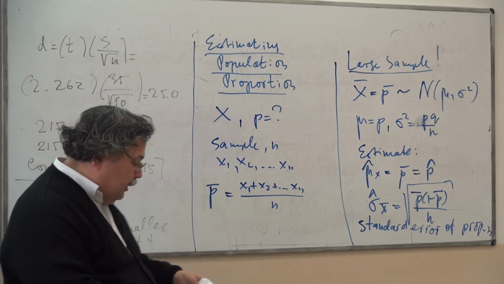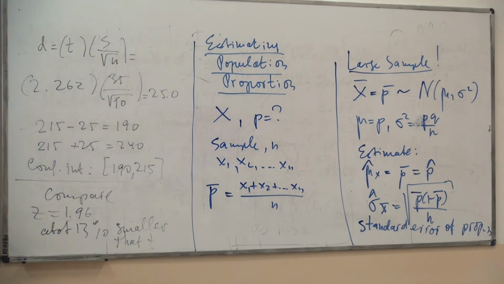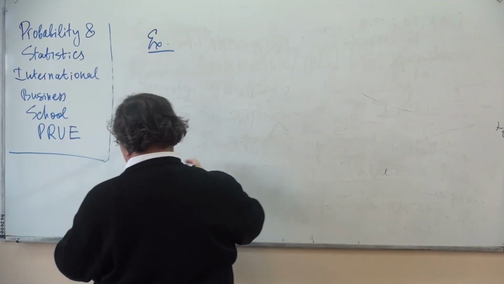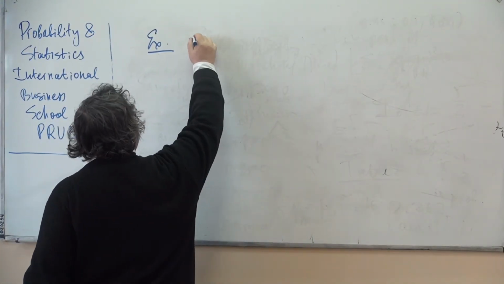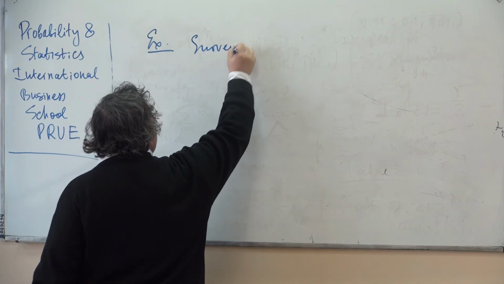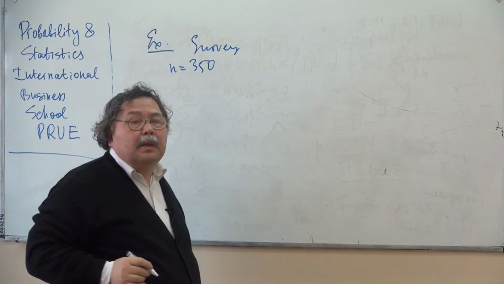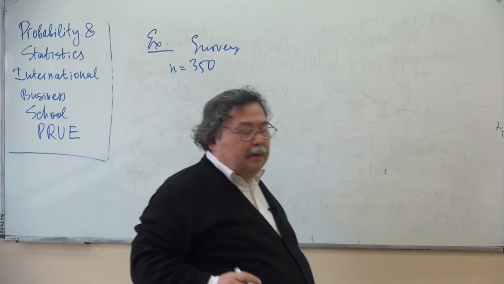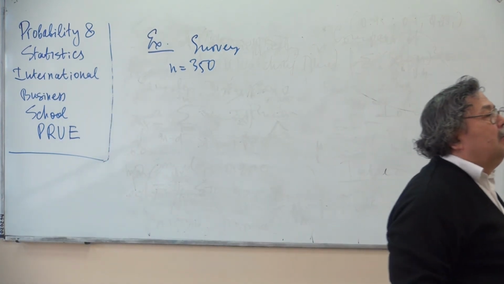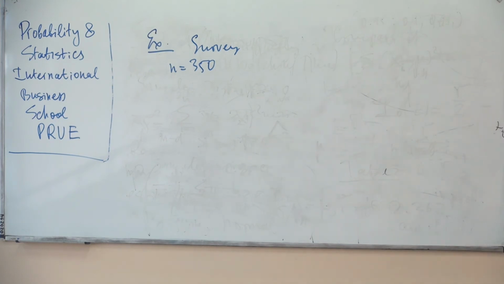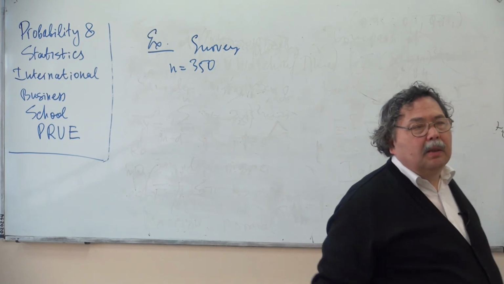All right, let's give it an example. Survey, n equals 350. So we interview 350 people and ask them about their nutritional habits, about what they eat regularly.